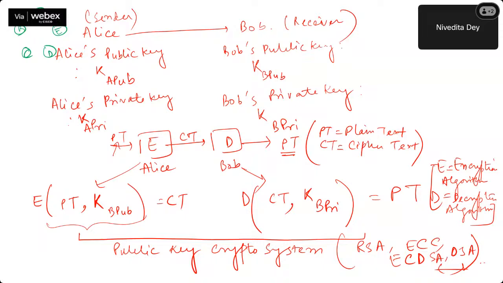Just see the theory once. I've told you that for symmetric, between Alice and Bob, I need just one such key. And for asymmetric, for each of them, I need this one.